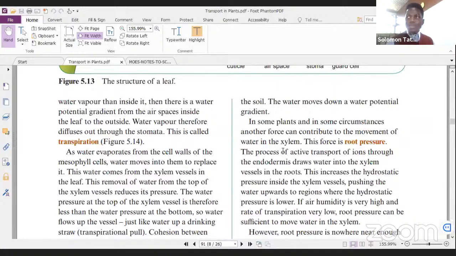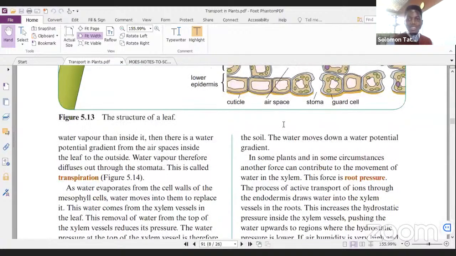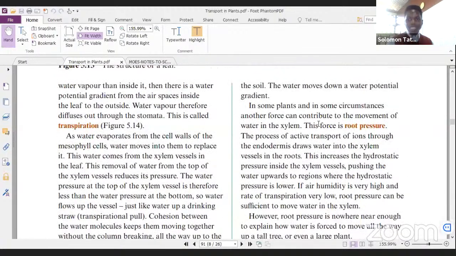The other thing I want us to pick up here is what we call root pressure. Who can define for us root pressure? Root pressure is right here. Let me highlight it for us so you can see it.